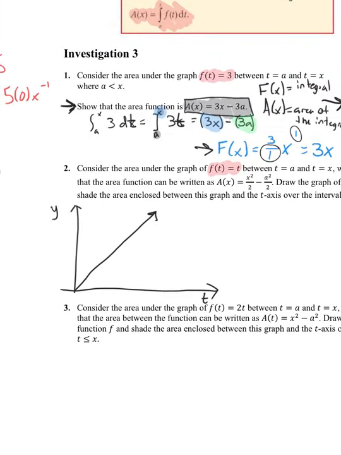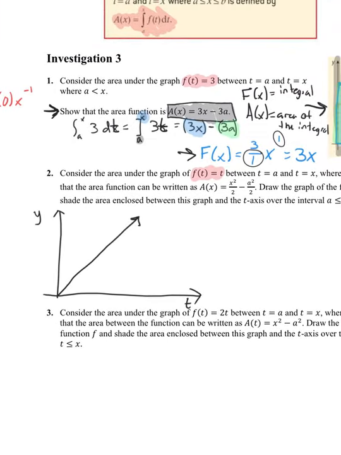Okay. And then, again, you're going to do between t equals a and t equals x. And we're looking for this area here. So this is kind of what problem 2 is asking us to do.